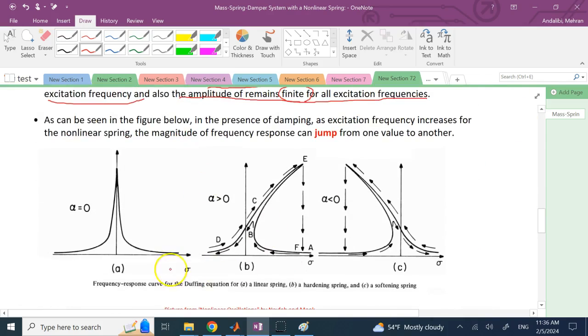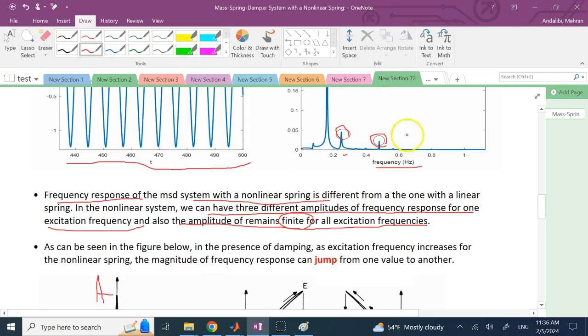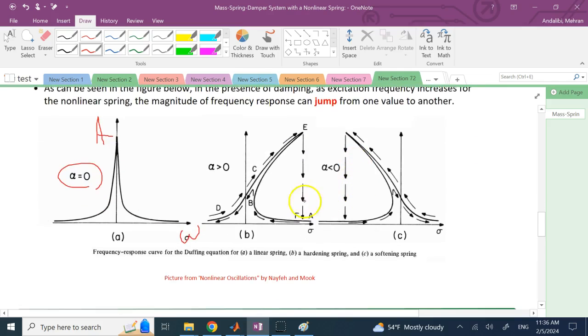When you change this omega, then if you plot the frequency response, the amplitude versus frequency, as I said, for a linear system you'll get 1 peak. Now, because here you have several peaks per omega, that means you can jump.